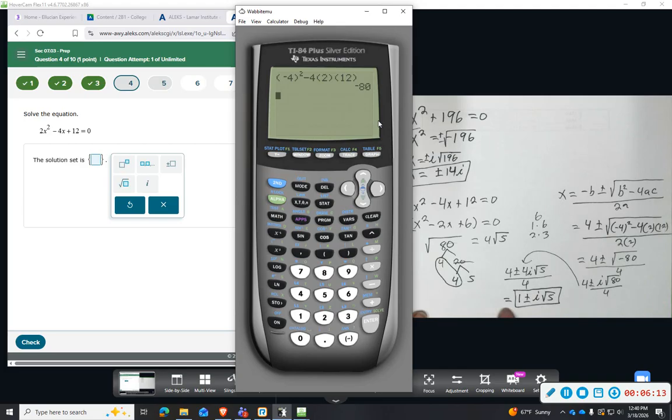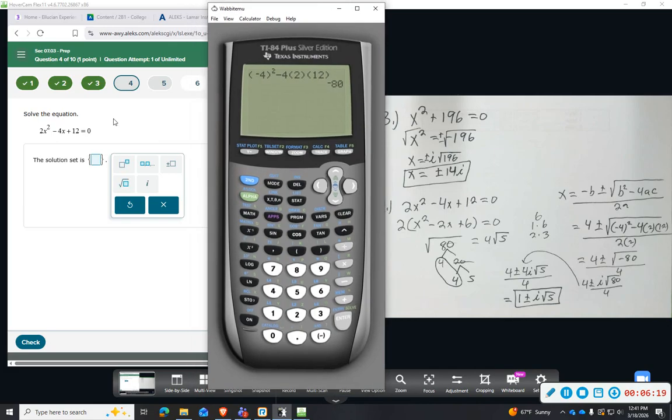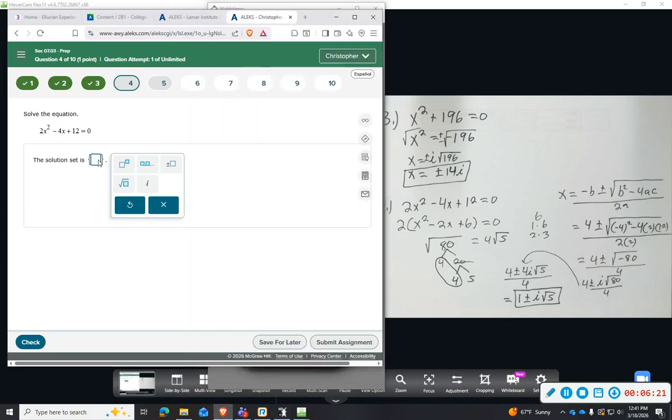This will be our final answer here: 1 plus or minus i square root of 5.